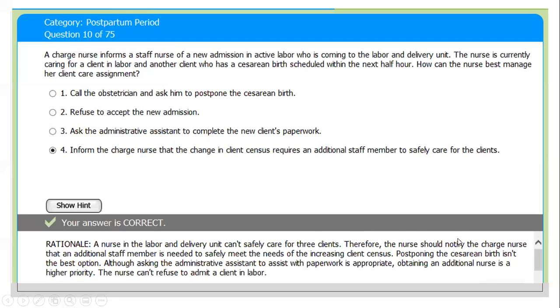Therefore, the nurse should notify the charge nurse that an additional staff member is needed to safely meet the needs of the increasing client census. Also, postponing of cesarean birth is not a best option, although asking the administrative assistant to assist with the paperwork is appropriate. Obtaining an additional nurse is a higher priority.